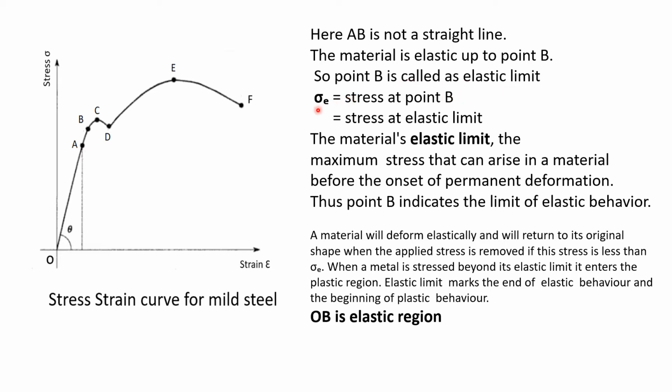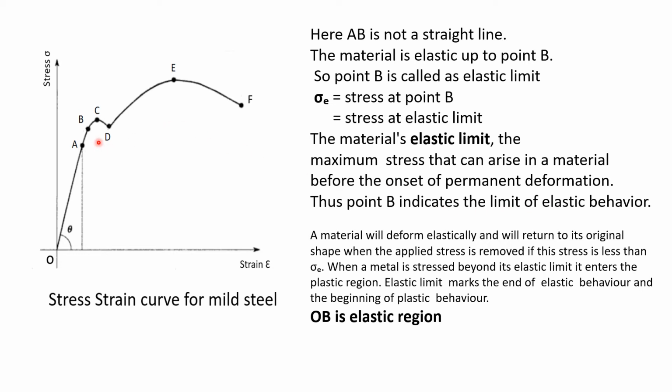Suppose the stress at B is sigma E, then this is the stress at elastic limit. What is elastic limit? The material's elastic limit is the maximum stress that can arise in a material before the onset of permanent deformation. Thus the point B indicates the limit of elastic behavior.